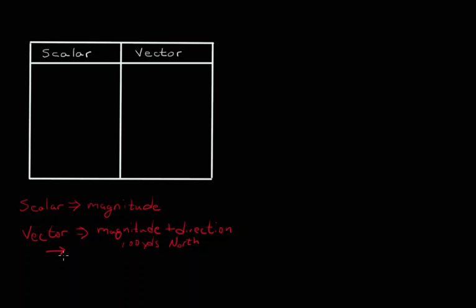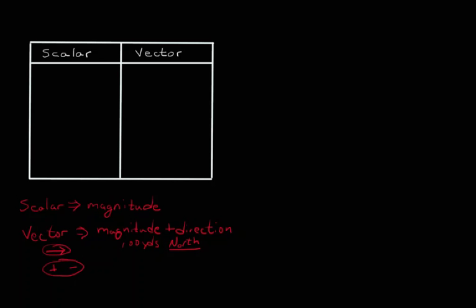We don't always use an arrow. We may use plus or minus signs. We use basically the words north, south, east, west, up, down, in, out, any of those kinds of words to indicate direction. But mostly we use arrows and we use plus or minus.